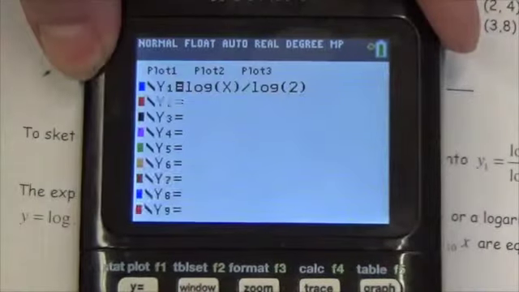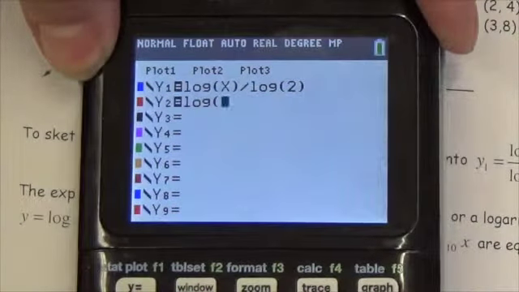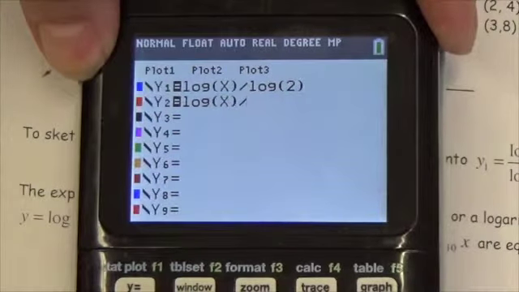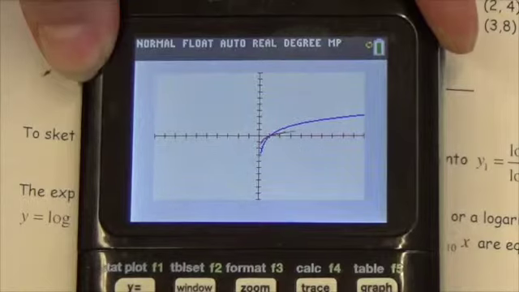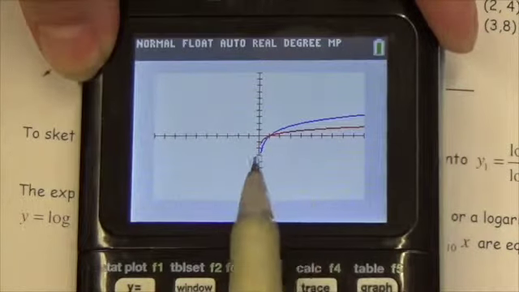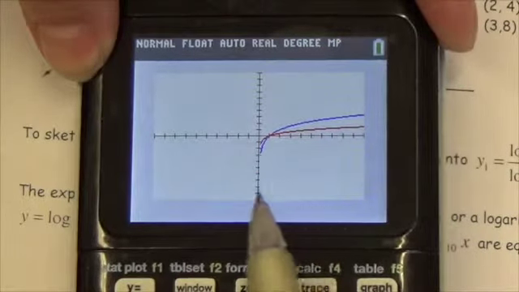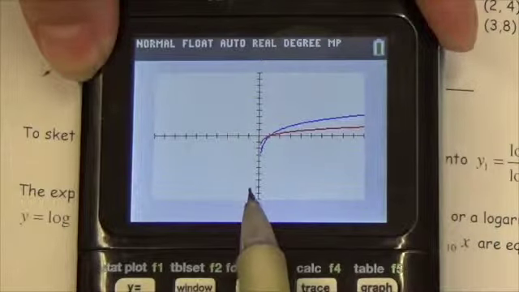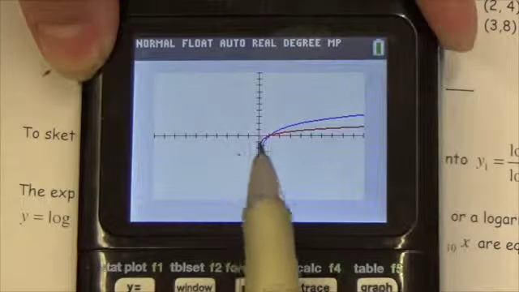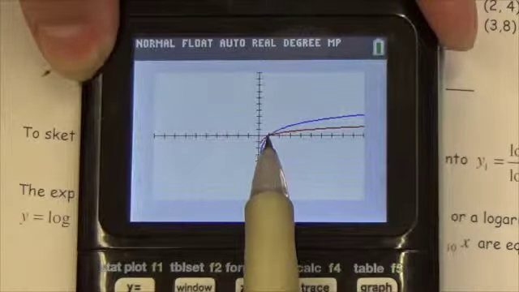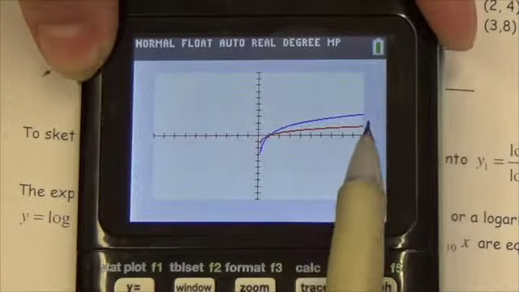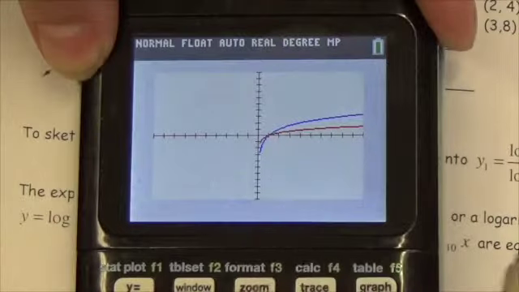So y equals the common log of x divided by the common log of 5. If I graph that, now notice what happened here. You can't quite see it along the y-axis because it goes really closely, but that little bit right there, the graph is closer to the y-axis. They both go through 1, and then this one is closer to the x-axis.